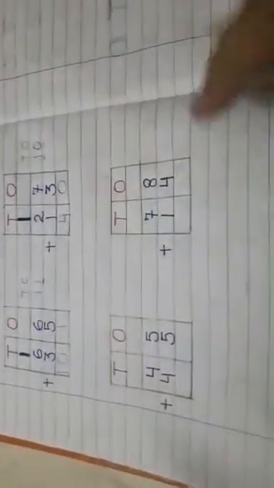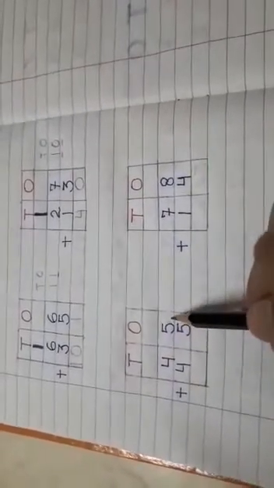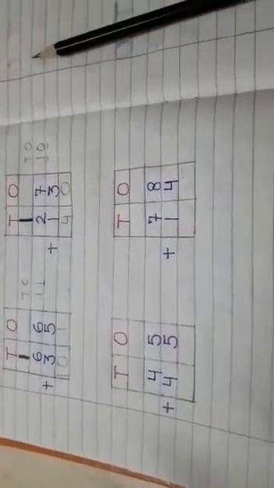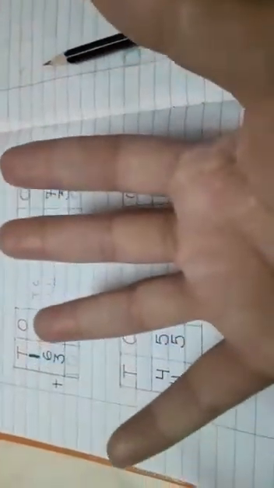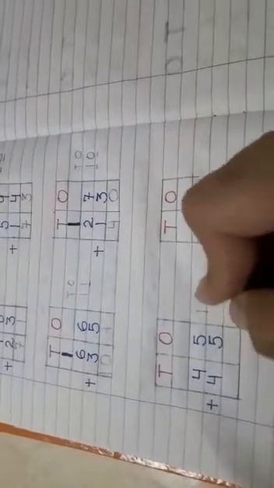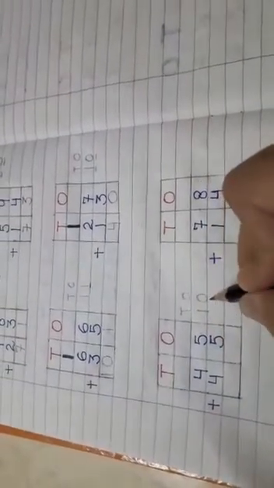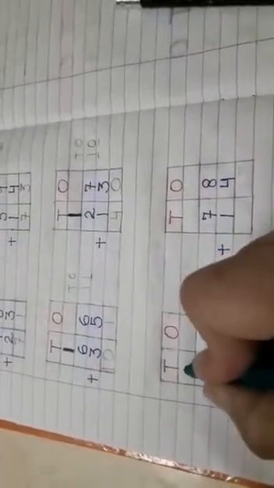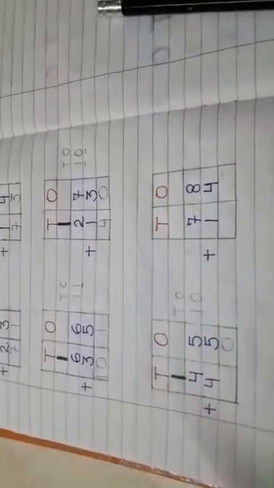Now the last question, 45 plus 45. Now 5 plus 5. Both are equal, so I am keeping 5 in my mind and 5 in my fingers. What comes after 5? 6, 7, 8, 9, 10. So we can write 10 like this. We write the ones place digit in the ones column and that one will carry to the tens column.